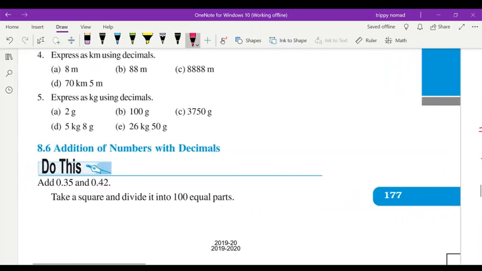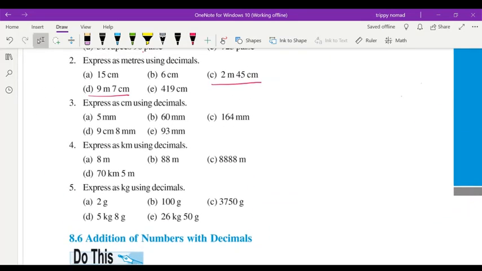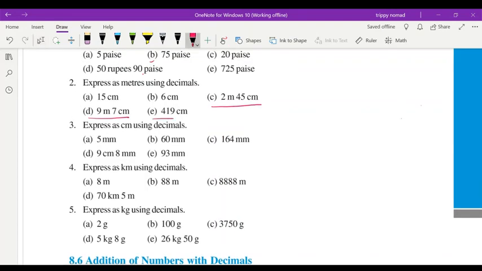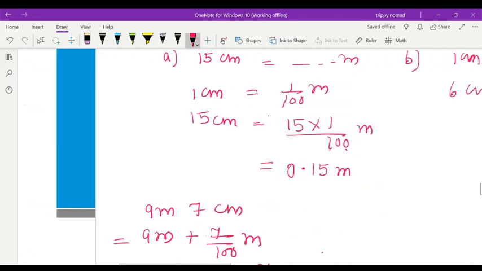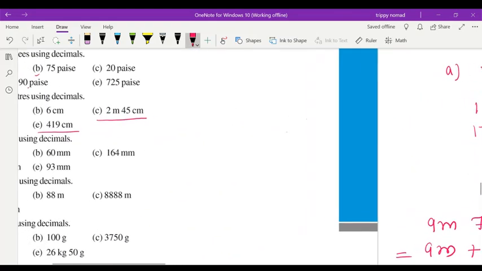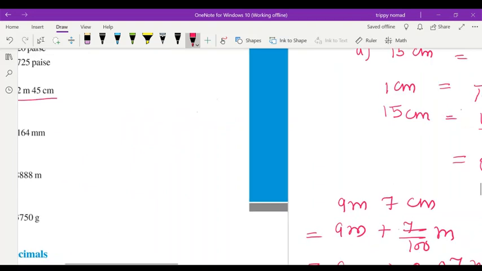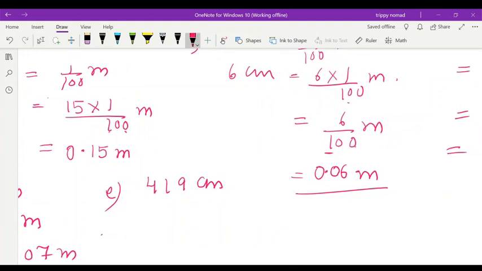Now children, why I am explaining all the parts is so you will get an idea and you can solve the third, fourth and fifth sums. Here, 419 centimeter. This was D and this is the last part, E. This is your question.